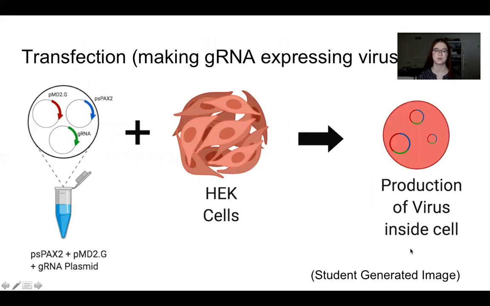This was done by combining 2 viral packaging plasmids with the gRNA in order to make the virus. These were then applied to HEK cells, which acted like a factory producing lots and lots of the virus. Eventually, the HEK cells recognize that the virus is not a natural part of it and will kick the virus out into the media.